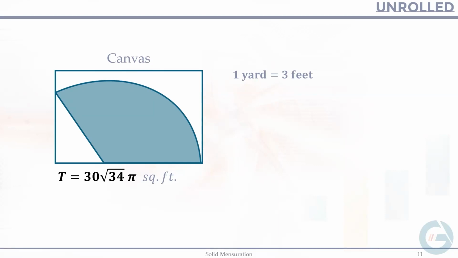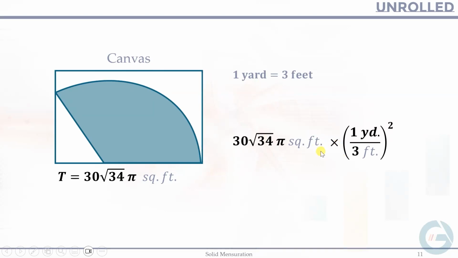Let's take our total area in square feet and multiply by, as I have said, you check the denominator. So this is feet, so this is good. But take note, this is square feet. So meaning, you will also take this ratio squared. So this will become 1 square yard divided by 3 square feet. Of course, this will cancel out.